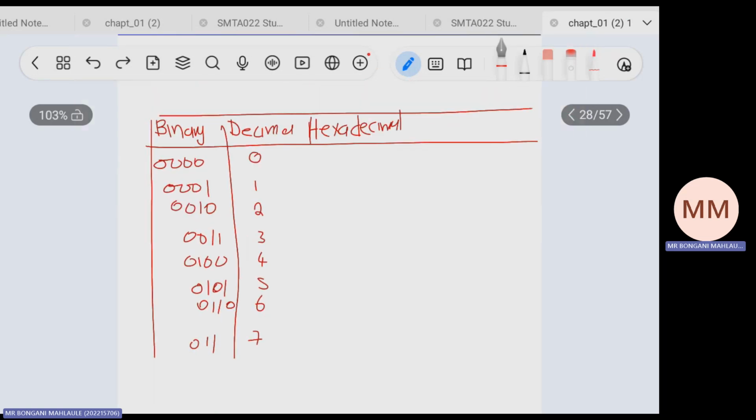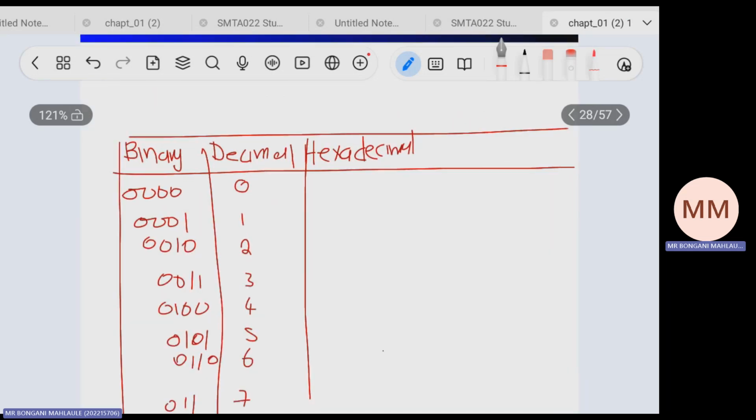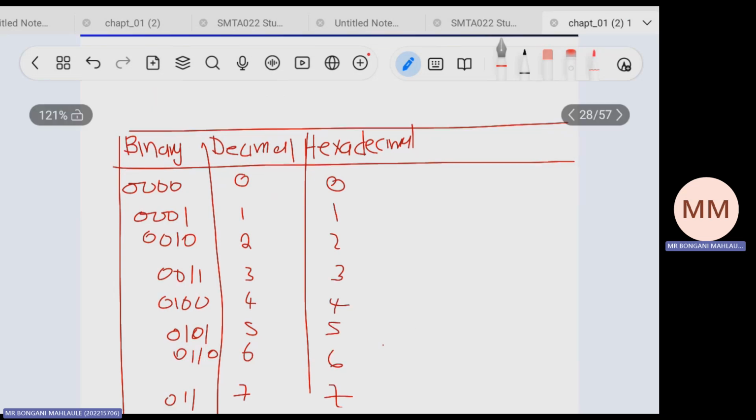These are our binary and our decimal bits, and then I've got the hexadecimal. So we also have 0, 1, 2, 3, 4, 5, 6, 7.